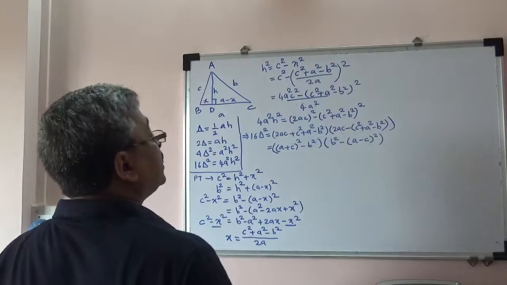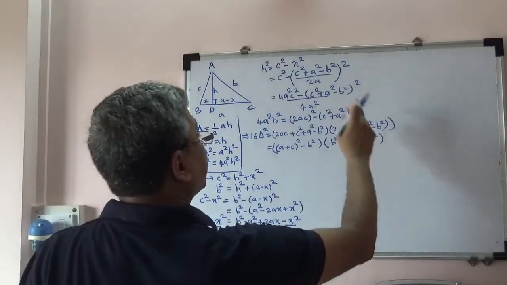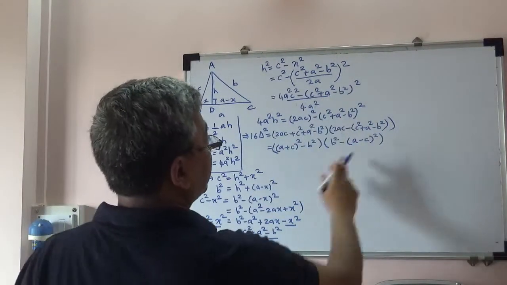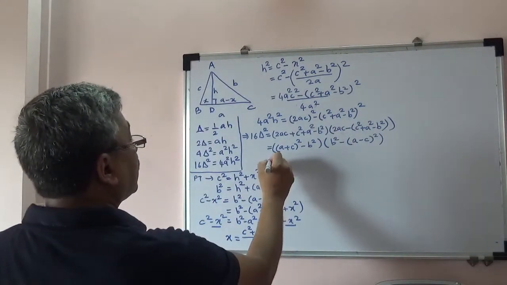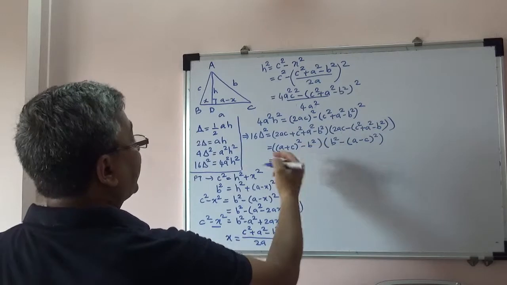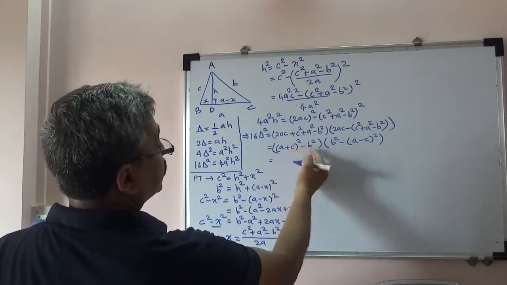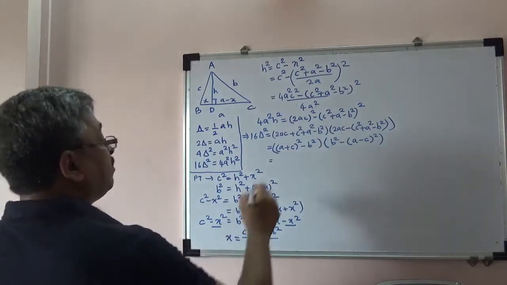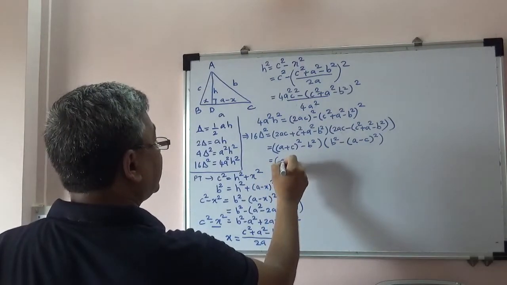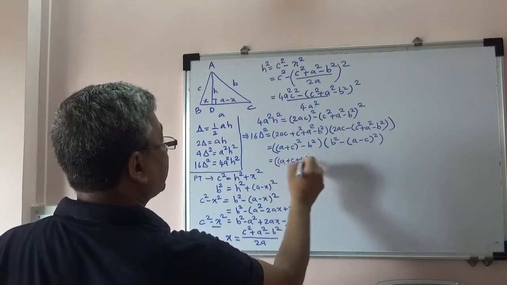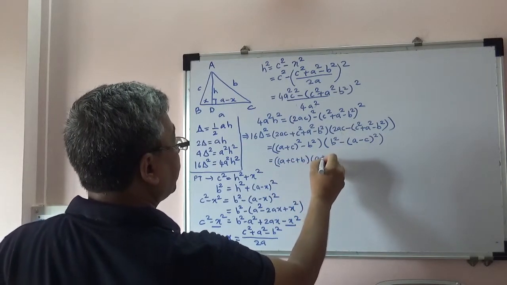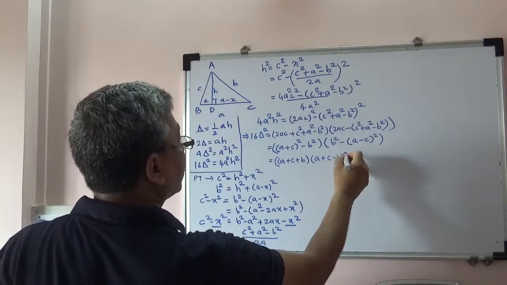If we take out minus sign common, then it is a square plus c square minus twice ac, and therefore a minus c bracket square. So it factorizes like this. Now if you look at these two brackets, they are again x square minus y square type, again can be factorized, and hence it is a plus c plus b, that is first bracket factor, a plus c minus b second factor.